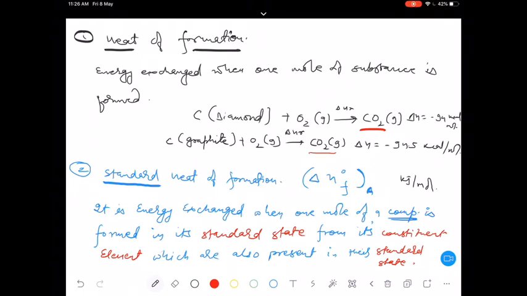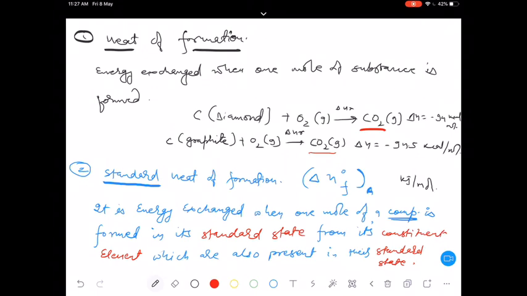That is also important. It's not like it should be formed from various different reactions or various different reactants. It should form from its constituent elements, and those elements should also be present in their standard state. Then the heat of reaction will be called the standard heat of formation.